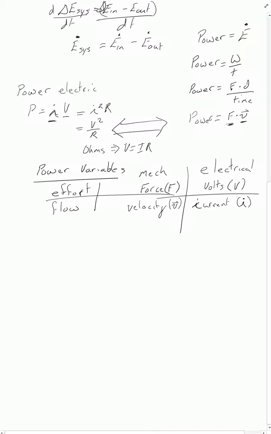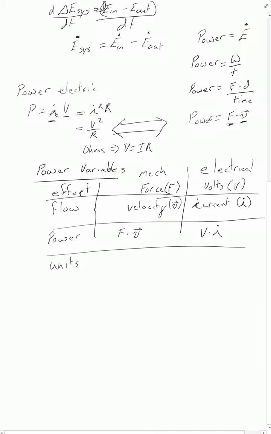So again, if we take power, that's going to be equal to force times velocity in the mechanical domain, and voltage times current in the electrical domain. What are the units here?